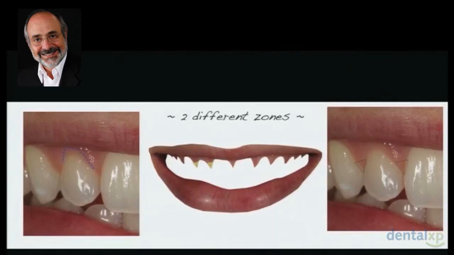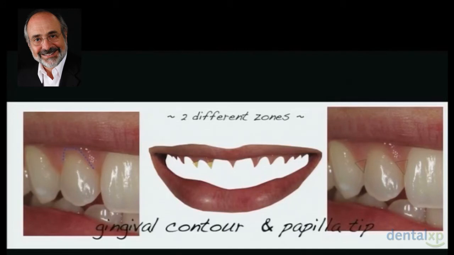It's kind of like running a marathon and getting 25 miles. You did damn well, but you haven't completed the marathon. You haven't finished. You don't have an end result yet. So we want to see the correct gingival contour, and you want the full papilla tip, not just a papilla.